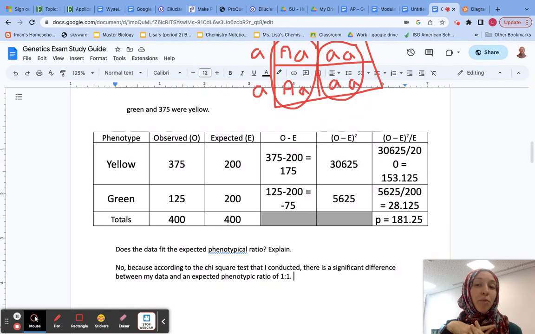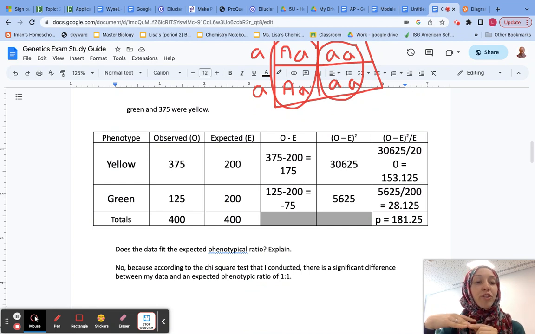I know this is extreme because Miss Lisa made up the data and I wanted it to be really off, but sometimes why would our chi-square test be off? Perhaps there's something else going on. It's a different kind of inheritance than we thought it was. Maybe it's sex-linked inheritance or something like that. It could be that they're linked traits.